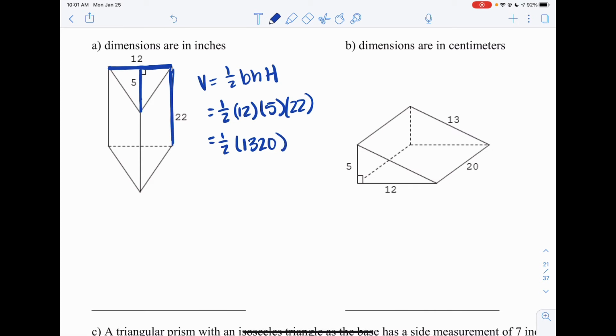And now I'm going to multiply that by 1/2 or 0.5, which gives me 660. Now this is not my final answer because it is required to put your label. So my final answer is 660 cubic inches. Don't forget that exponent of 3 because we're dealing with volume and 3-dimensional shapes.